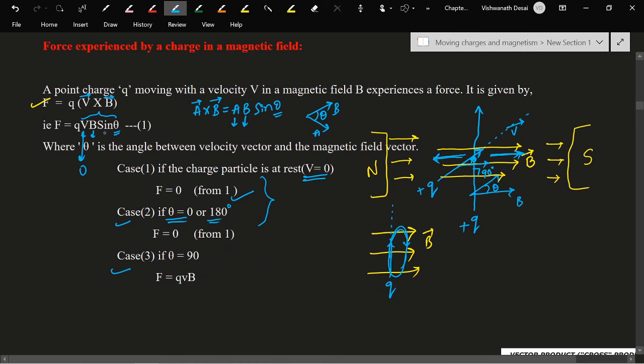So from equation 1, if you substitute theta equal to 90 degrees, the maximum force experienced by a charge is QVB.